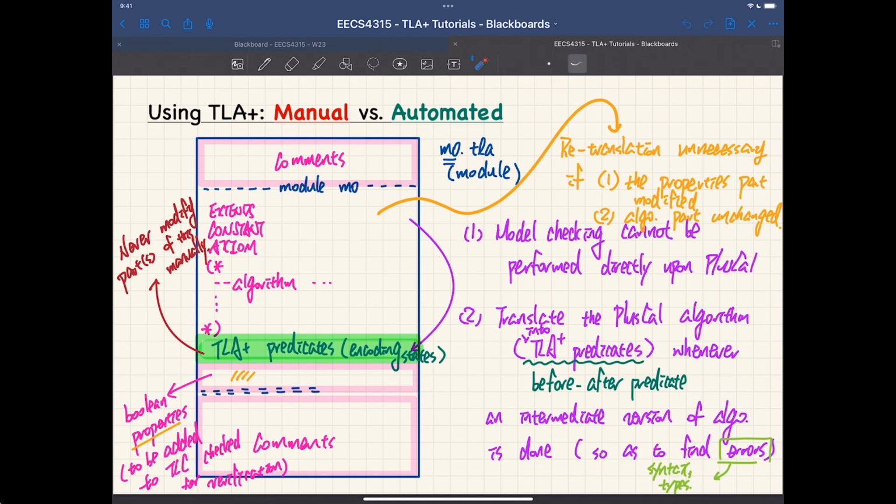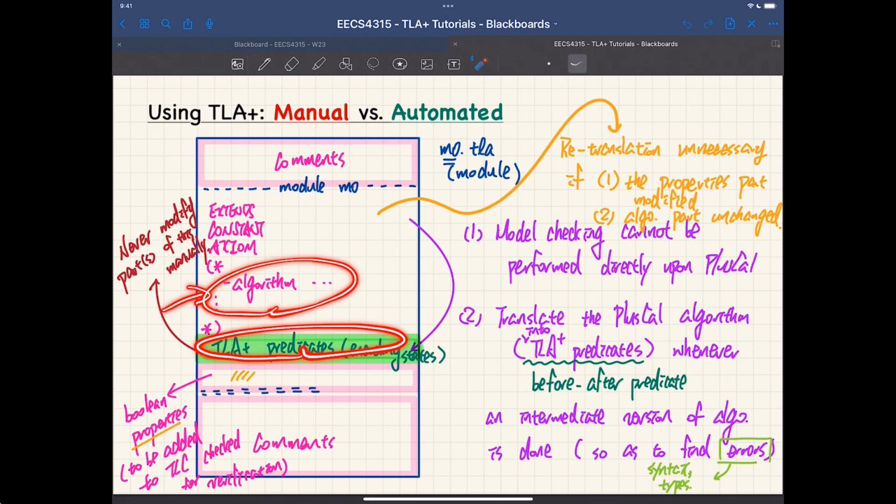You ought to understand there is one part, the TLA plus predicate, that can be automatically generated. Okay? So this part here, you want to make sure it's in sync with your algorithm. Every time if you make any changes to your Pascal algorithm, you have to make sure you try to retranslate right away. That part can be done automatically for you.